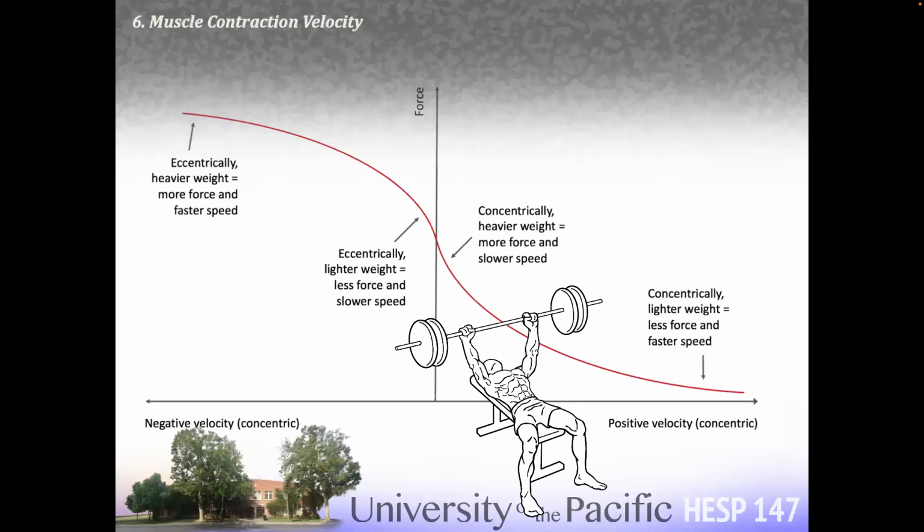All right, number 6, muscle contraction velocity. This one, in the textbooks, it might be called the force velocity relationship or force velocity curve, but it's in all of the textbooks. It's a little bit silly, but I'll address it because it's all over the place in text. So what we're looking at here, we'll take the guy, right, who's bench pressing.